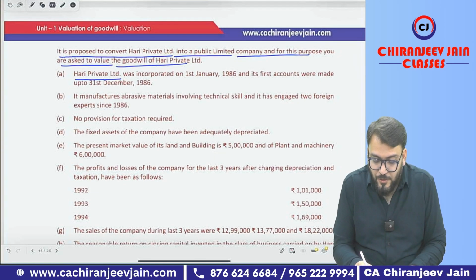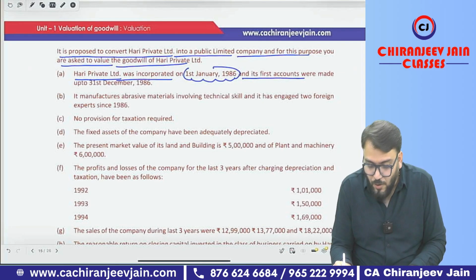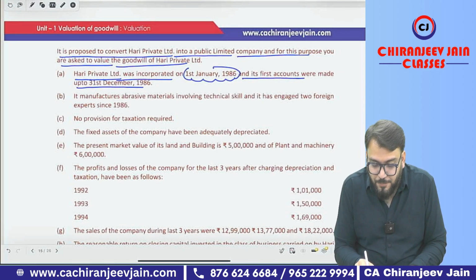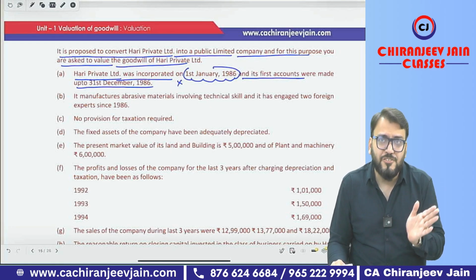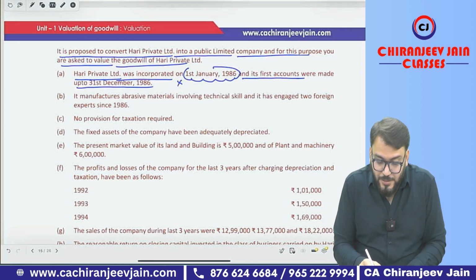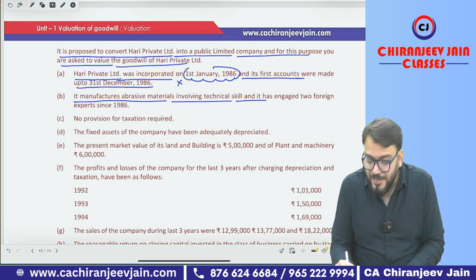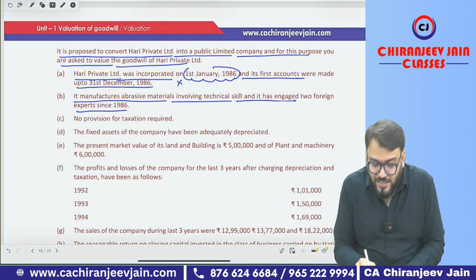Hari Private Limited was incorporated on 1st January 1986. It is a very old question, and its first accounts were made up to 31st December 1986. Can I say it is of no use? The incorporation date is useless information. It is only given to waste your time. It manufactures abrasive material, with technical skill, and it has engaged 2 foreign experts since 1986.